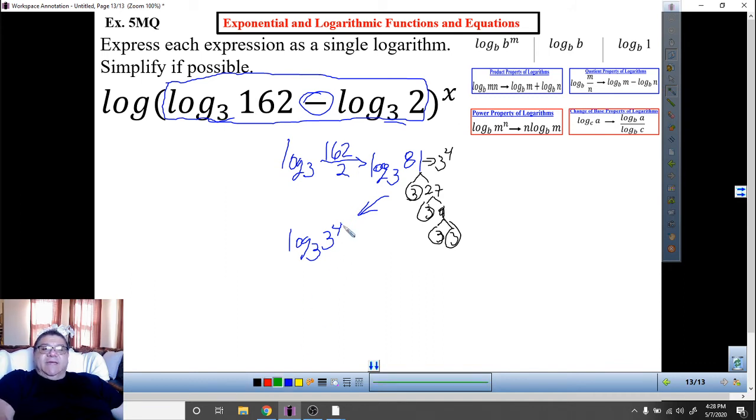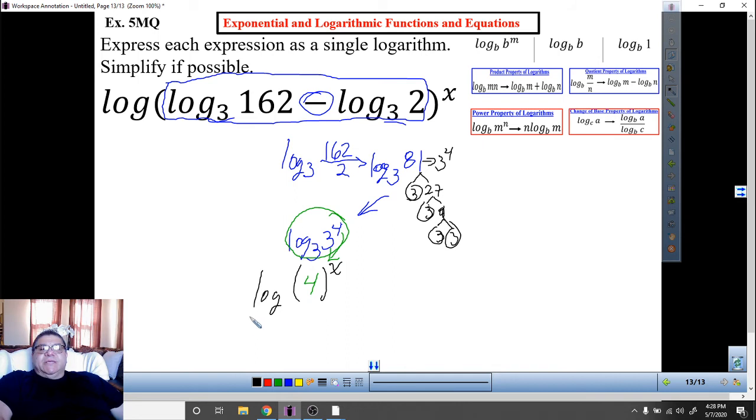That is correct. The answer is 4. Whew. Alright, so basically all of this inside of the parentheses became what? 4. So I'm going to bring down the parentheses, the exponent, and I'm going to bring log, and that's it. Alright, are we there so far?